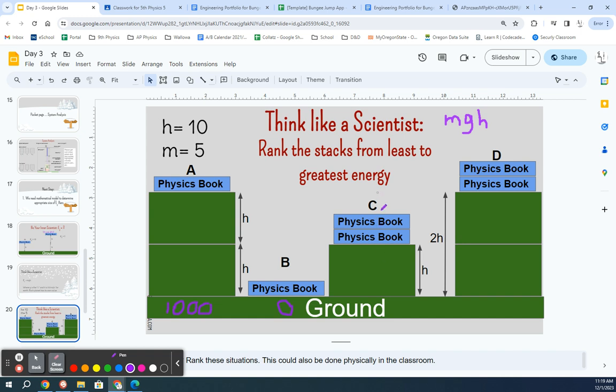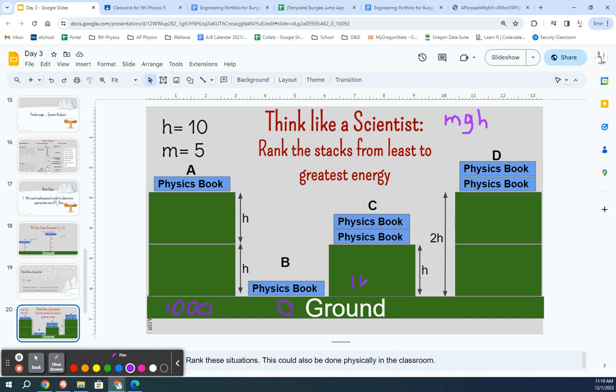Okay, let's check and see what we got for C. We've got 2 physics books, right? So for the mass there, instead of 5, we're going to put a 10. g is still 10, so that's not a problem. And the h is again 10. So 10 times 10 times 10, again, we have 1,000.